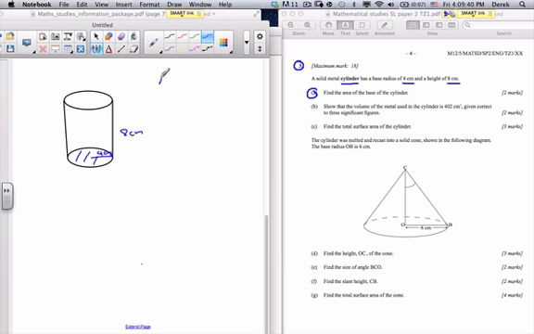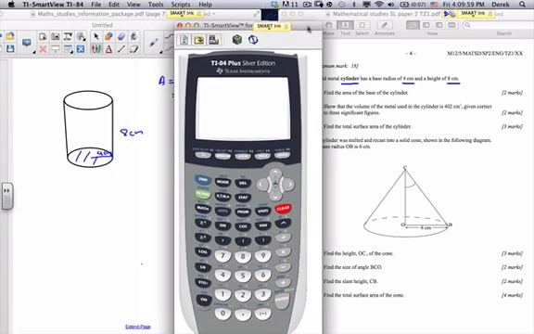Now hopefully all of you are clear that the area of a circle is pi r squared, which is the base of a cylinder. So we're going to have pi times 4 squared. So we put that into our calculators.